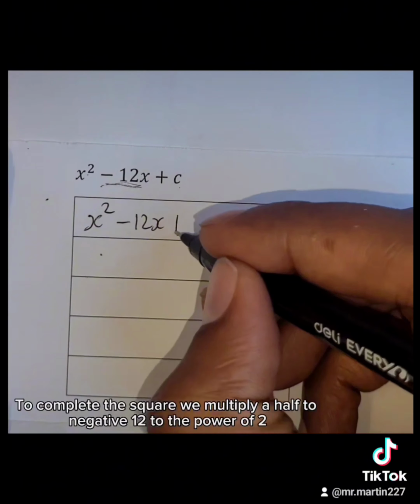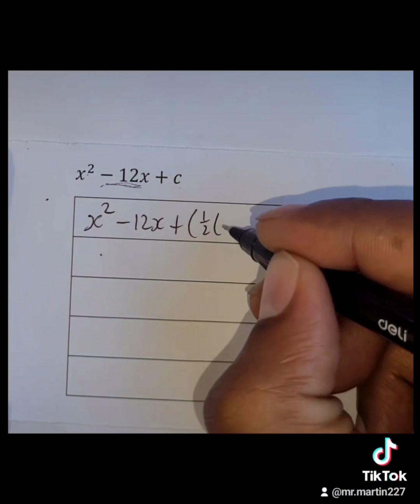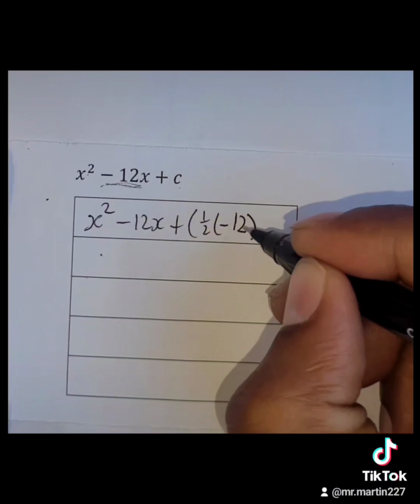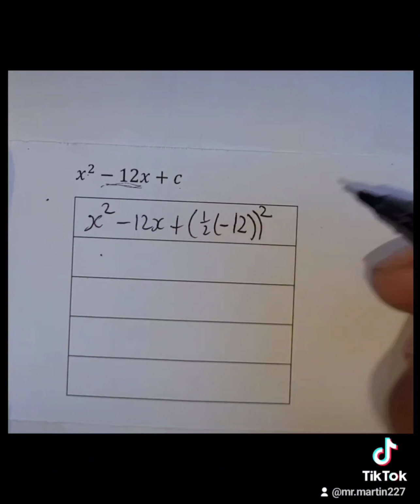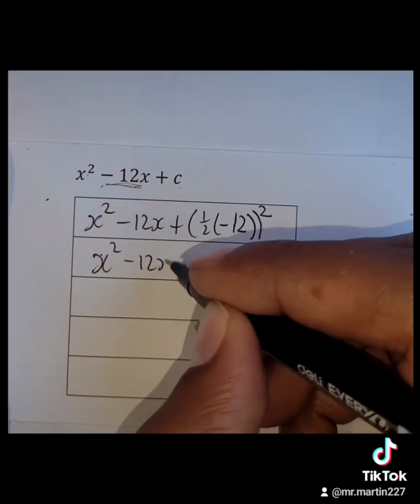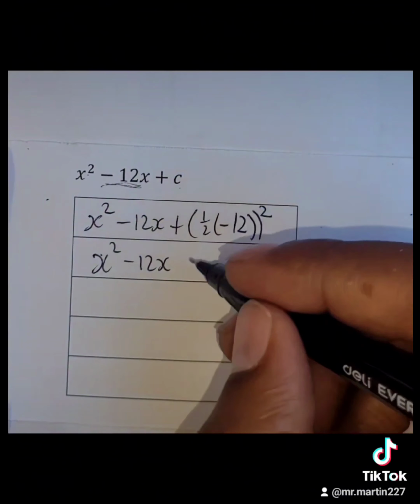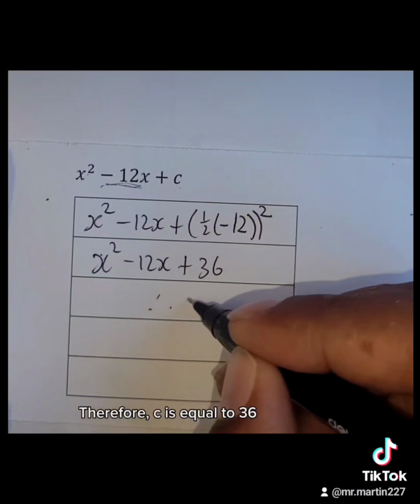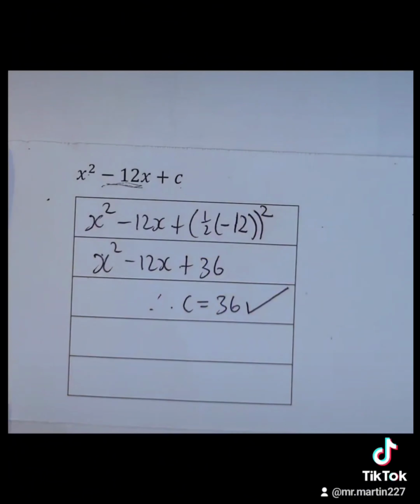To complete the square, we multiply a half by -12 to the power of 2. Therefore, C is equal to 36.